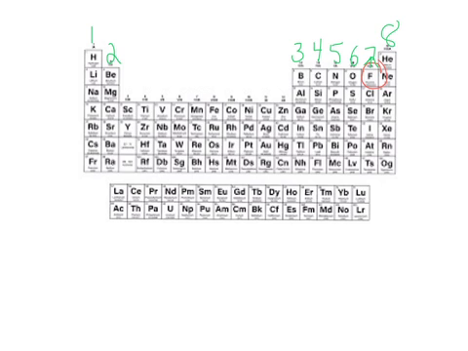We don't do the transition metals, just those A groups, numbering those 1 through 8, and those are the numbers of valence electrons. So to draw the Lewis diagram or Lewis dot diagram for fluorine, we would draw fluorine's symbol.